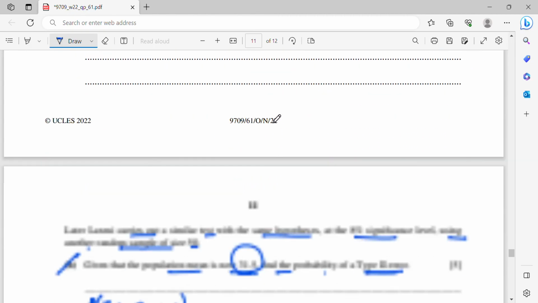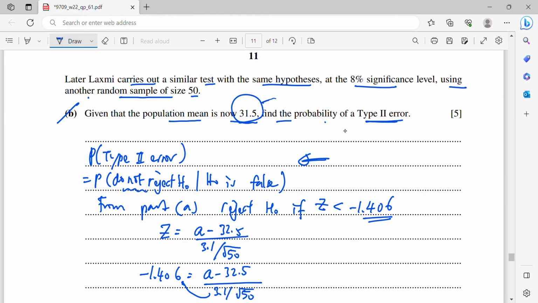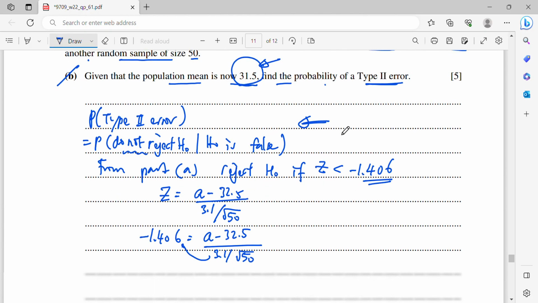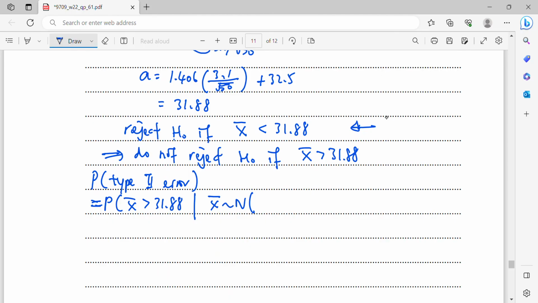That's why now you are given the population mean is actually 31.5. Okay, so here I will write 31.5 and then my standard deviation is 3.1. Now I need to square it over 50 because now my sample size is 50. So now I need to count this probability. So P standardized X bar becomes Z greater than 31.88 minus 31.5 over the standard deviation, which is square root of 3.1 squared over 50.